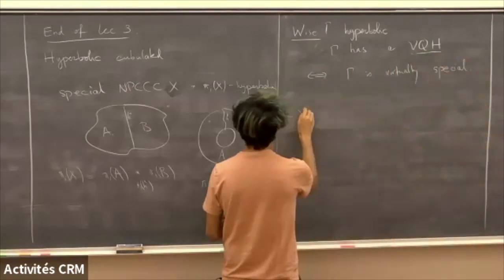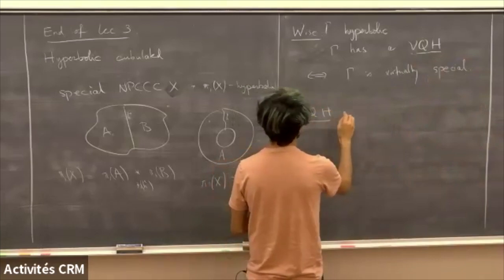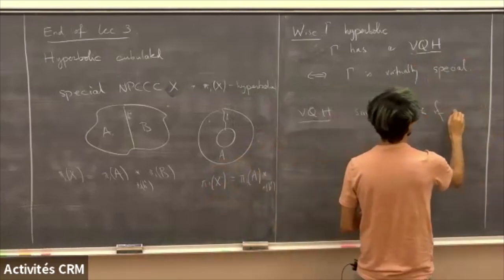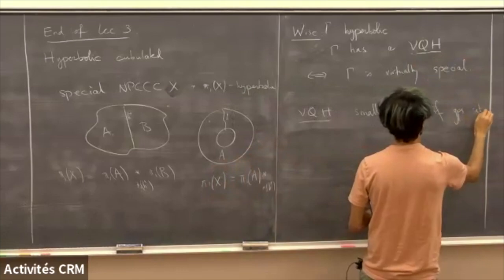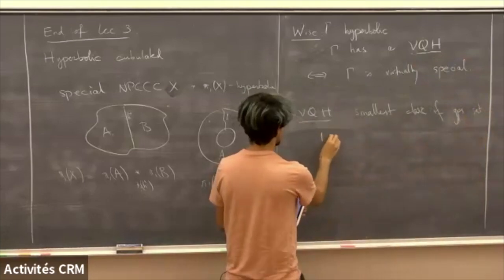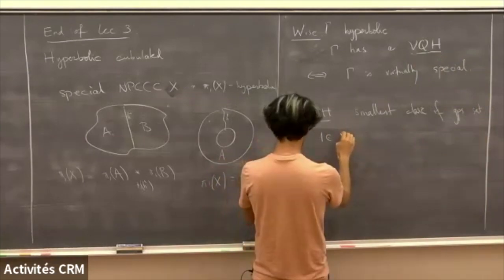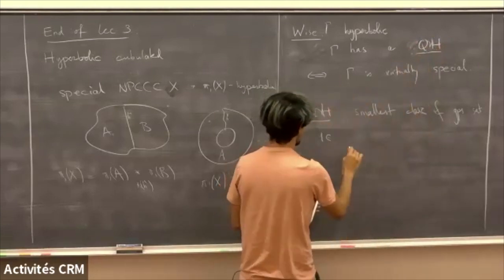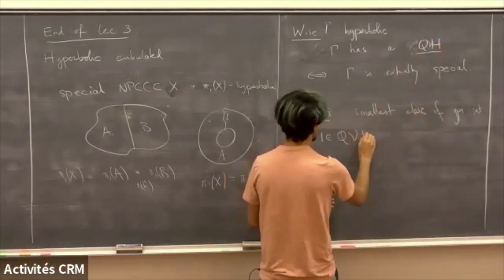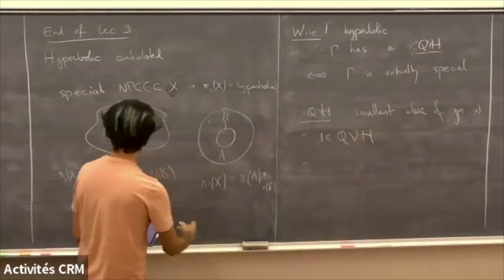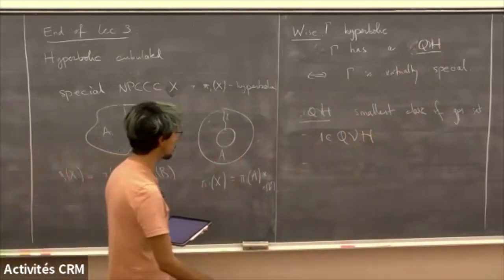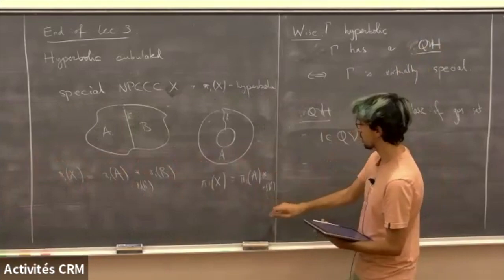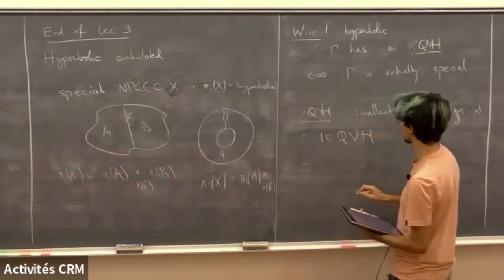This is the smallest class of groups satisfying the following. The trivial group is in this class of groups. You can do free product with amalgamation or HNN extensions, as long as you make sure that the thing you are amalgamating over is quasi-convex.